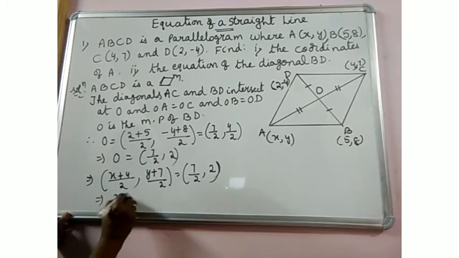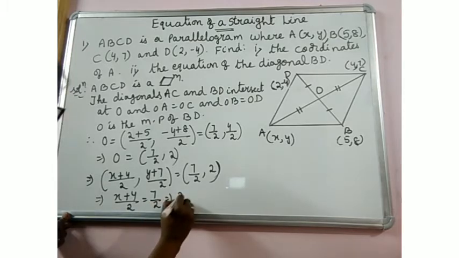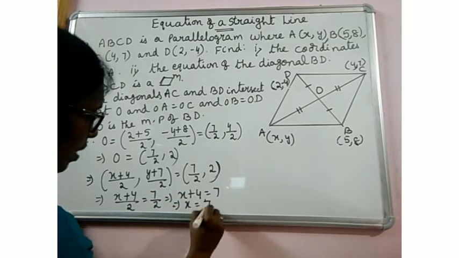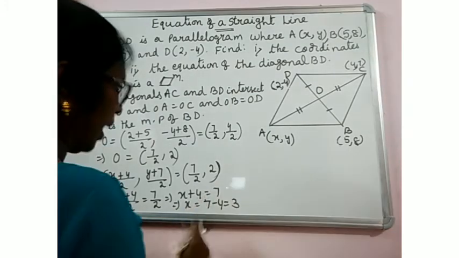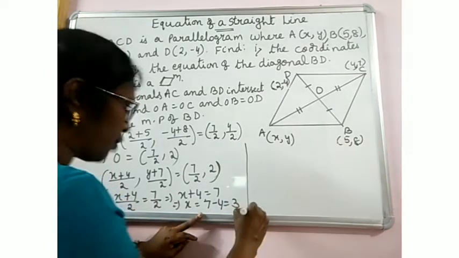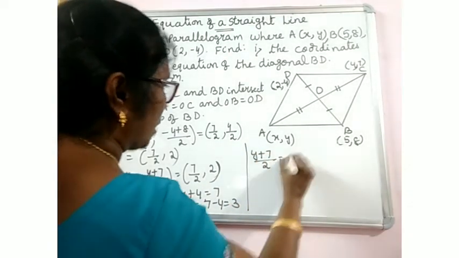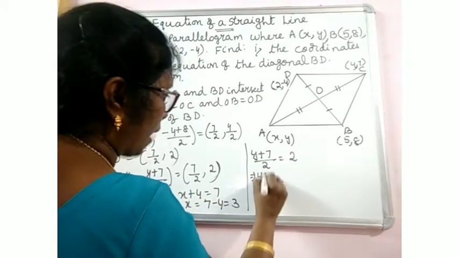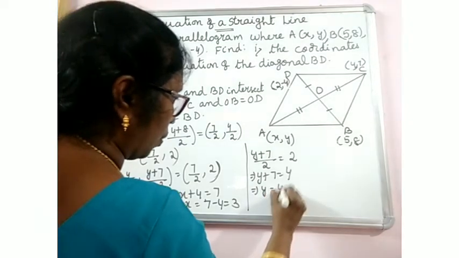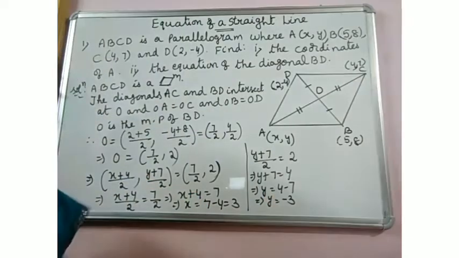This implies (x plus 4) by 2 is equal to 7 by 2, so x plus 4 is 7, or x is equal to 7 minus 4, that is 3. So the x coordinate we got is 3. Let us work out for the y coordinate. (y plus 7) by 2 is equal to 2, or y plus 7 is equal to 4, or y is equal to 4 minus 7, that is minus 3.